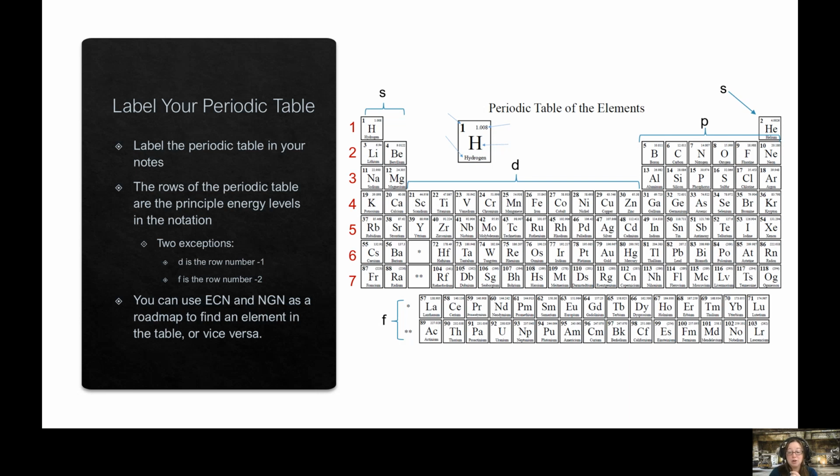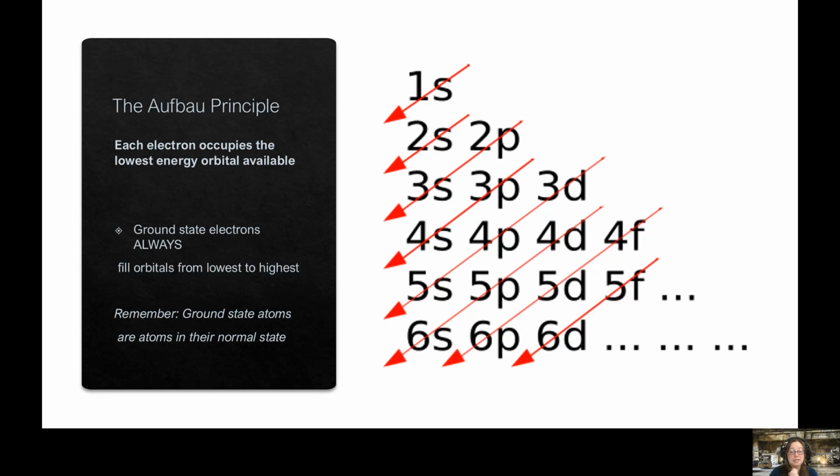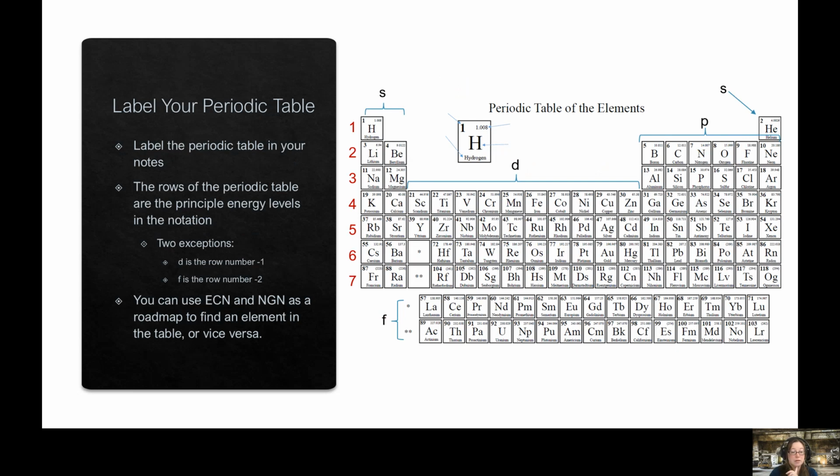And if you go back and you look at this, you can see that your F blocks only have these 4 and 5, right? And then everything else continues on. Okay, let's come back here. I'm going to leave this up for just a minute.